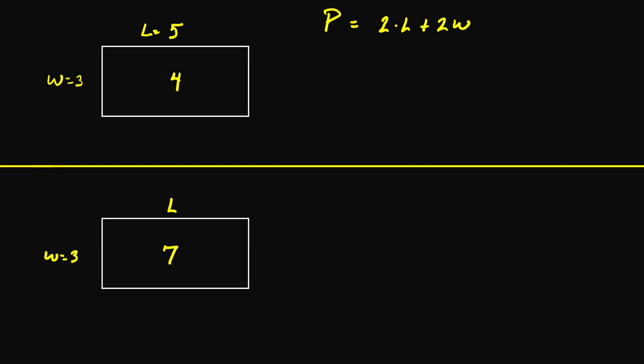We know that in a rectangle this side equals this side and this side equals this side. So we have two sides of the length, and we have 2 times the width. We have one here and one here. And we wrote it like this.